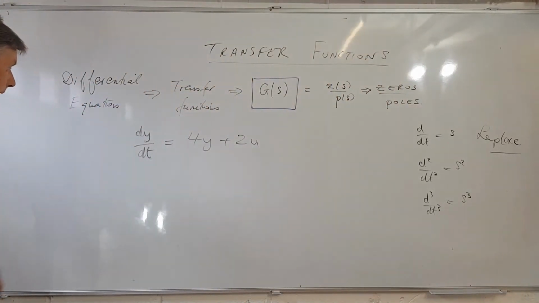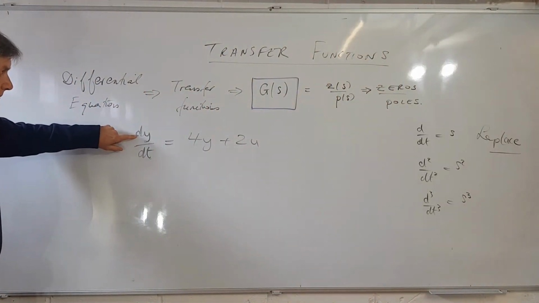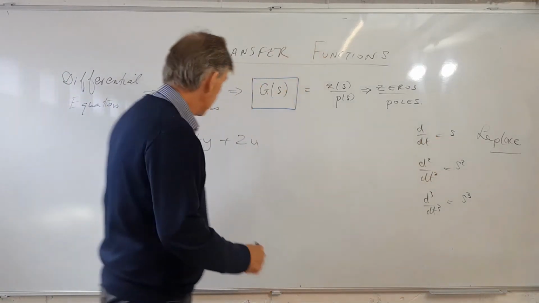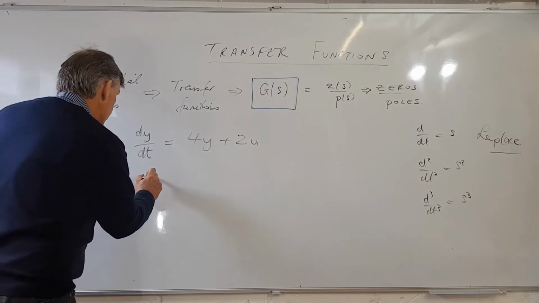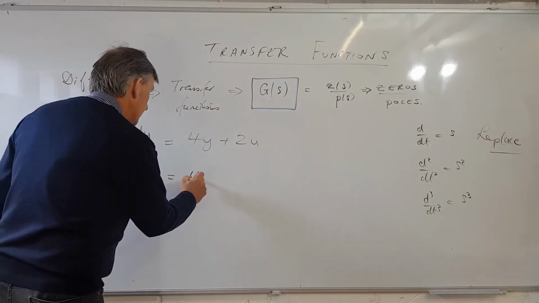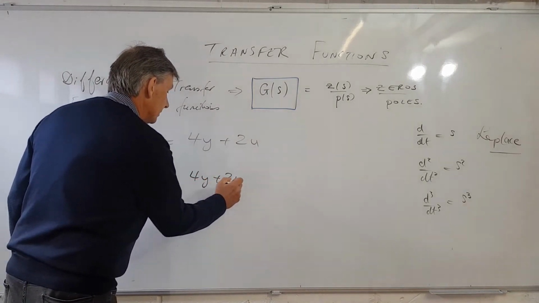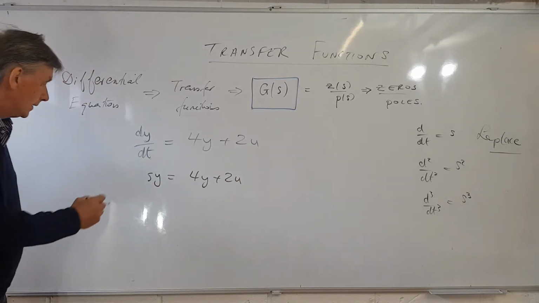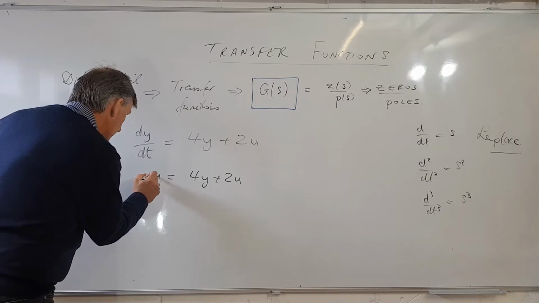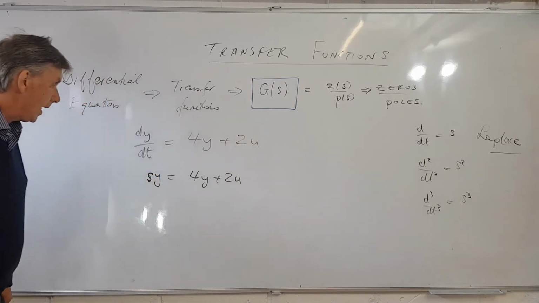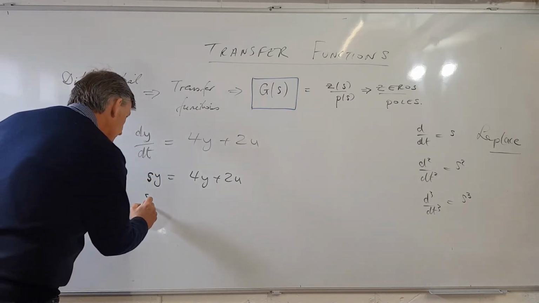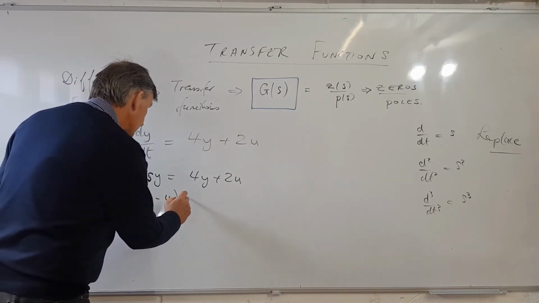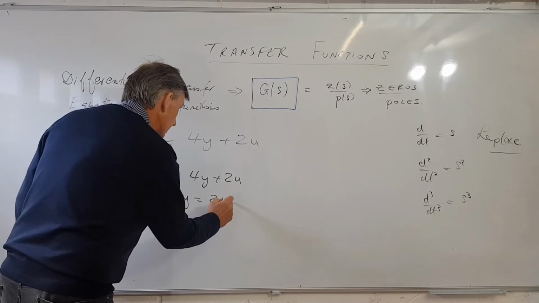So here we've got dy by dt. This is a d by dt term, which we can replace with an s. So you could rewrite this as sy equals 4y plus 2u. Then we can collect all the y terms on one side. This is an s, not a 5. So we get (s minus 4) times y equals 2u.